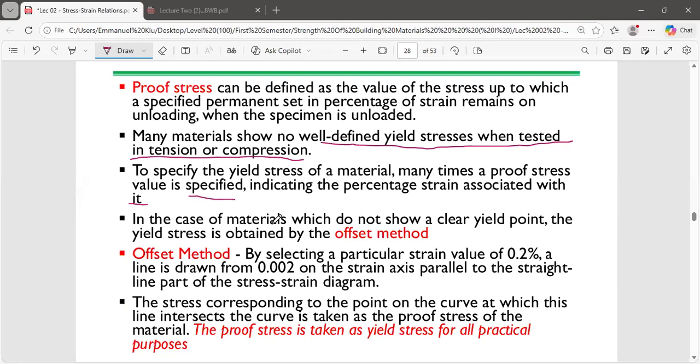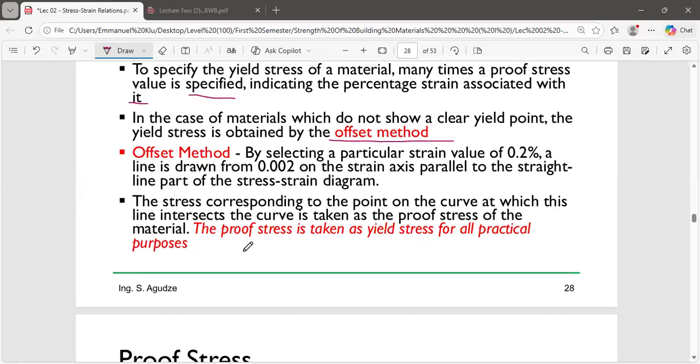In the case of materials which do not show a clear yield point, the yield stress is obtained by the offset method. By selecting a particular strain value of, let me say, 0.2%, a line is drawn from 0.002 on the strain axis, parallel to the straight line part of the stress-strain diagram.